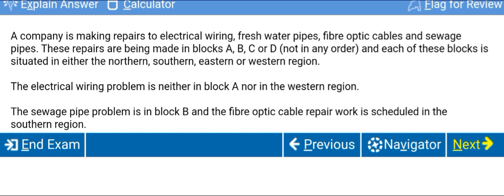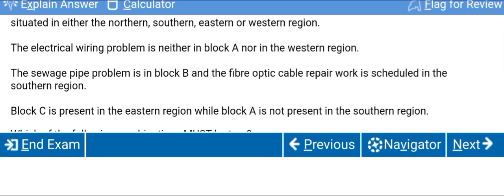And each of these blocks is situated in either the northern, southern, eastern, or western region. The electrical wiring problem is neither in block A nor in the western region. The sewage pipe problem is in block B and the fiber optic cable repair work is scheduled in the southern region.